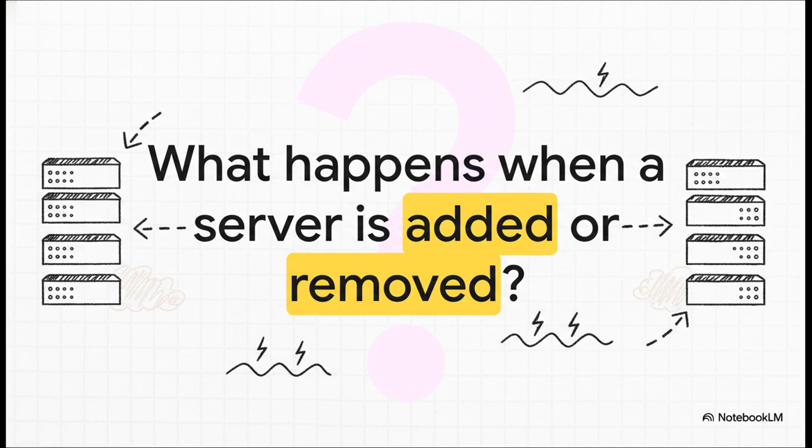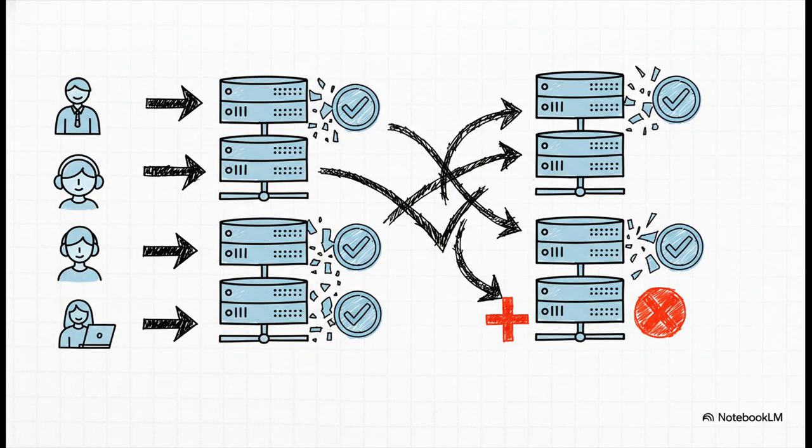Yeah, there's a really catastrophic flaw hiding in that simple math. Because in the real world, things aren't static. Servers fail. Or, if you're successful, you're constantly adding new servers to handle more traffic. So, what happens to our perfect little formula when that number, the total number of servers, changes? It's a complete disaster.